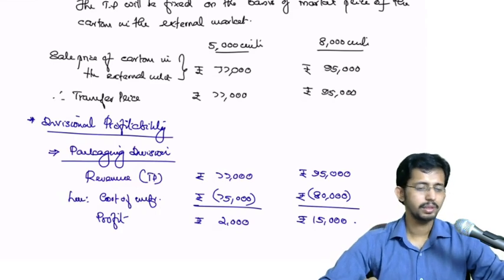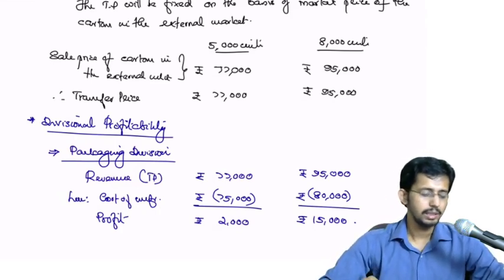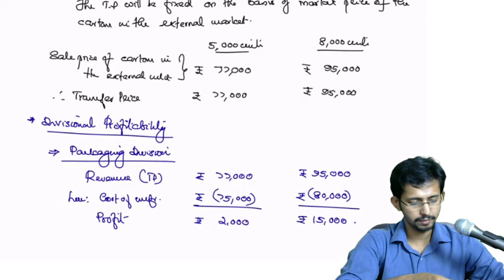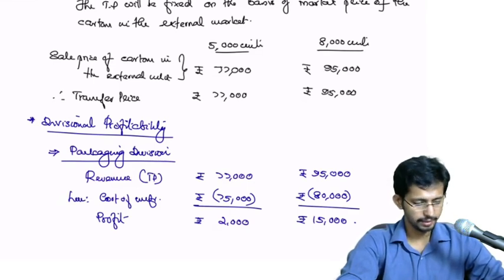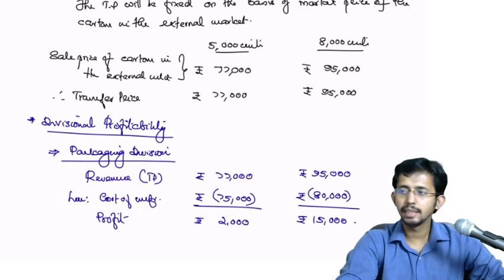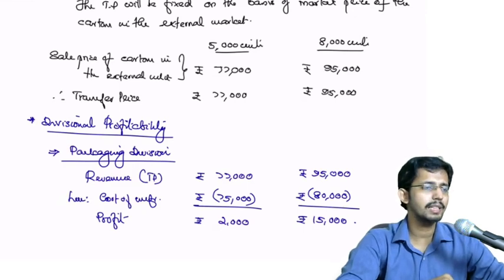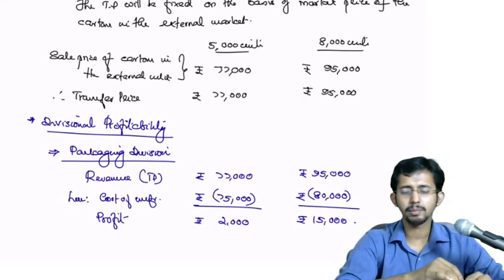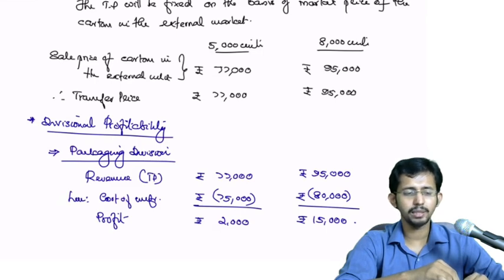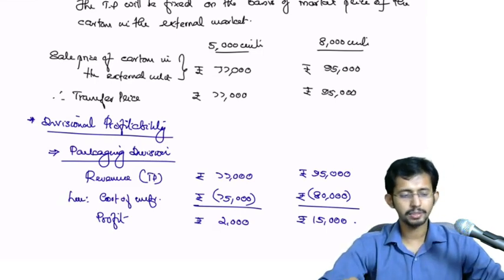Therefore, the method of TP adopted will impact the divisional profitability, though it will not affect the overall profitability of the company.